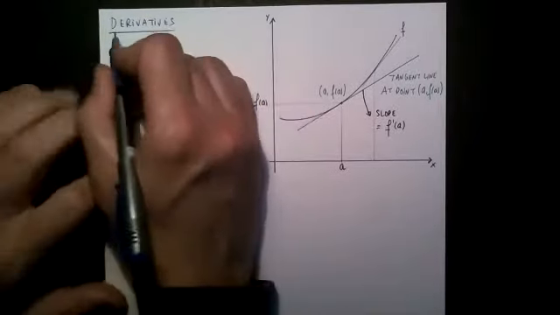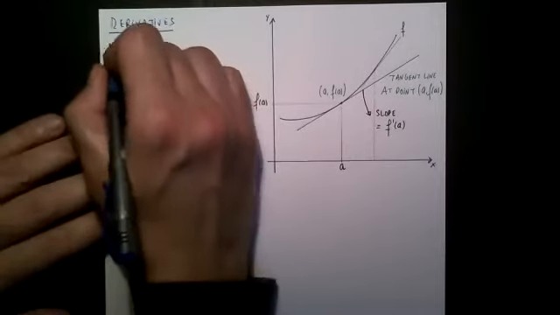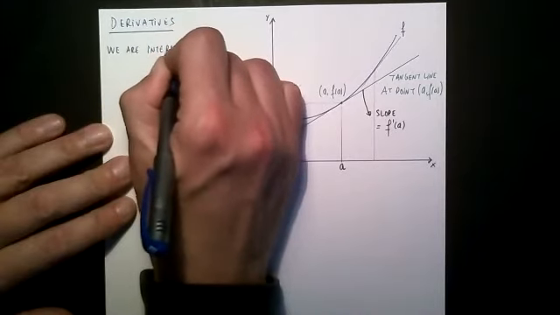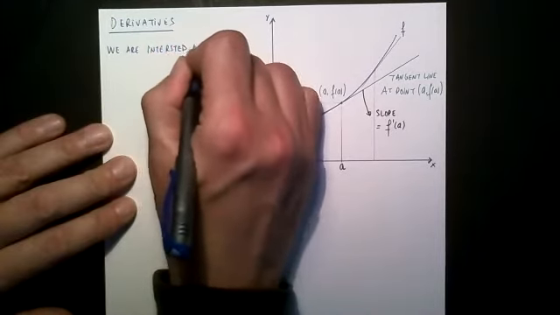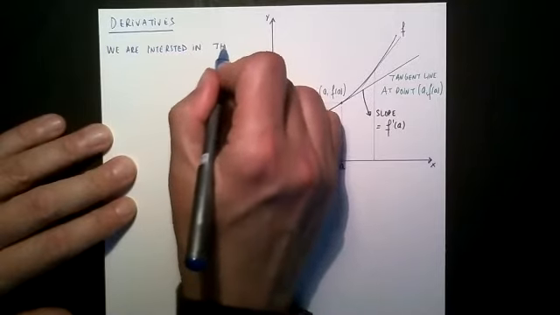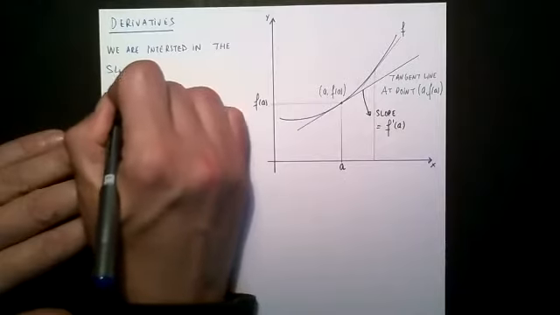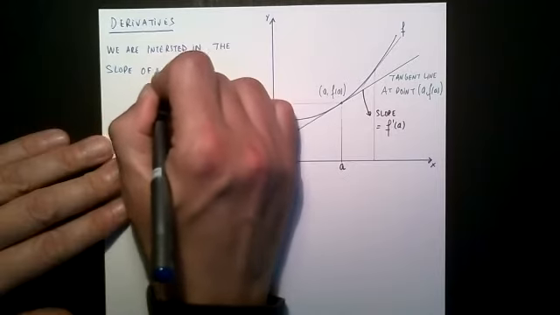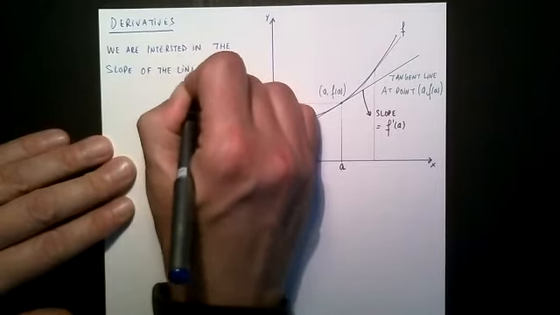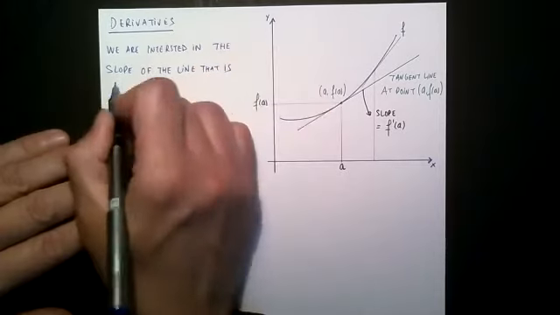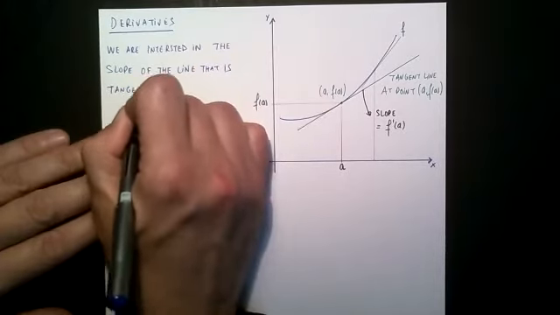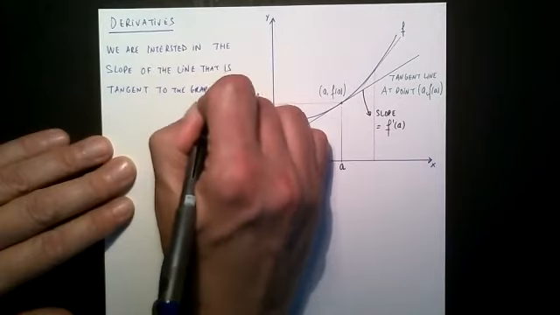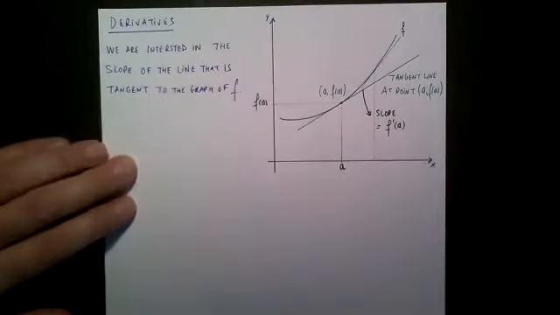Okay, so we are interested in the slope of the line that is tangent to the graph of f.